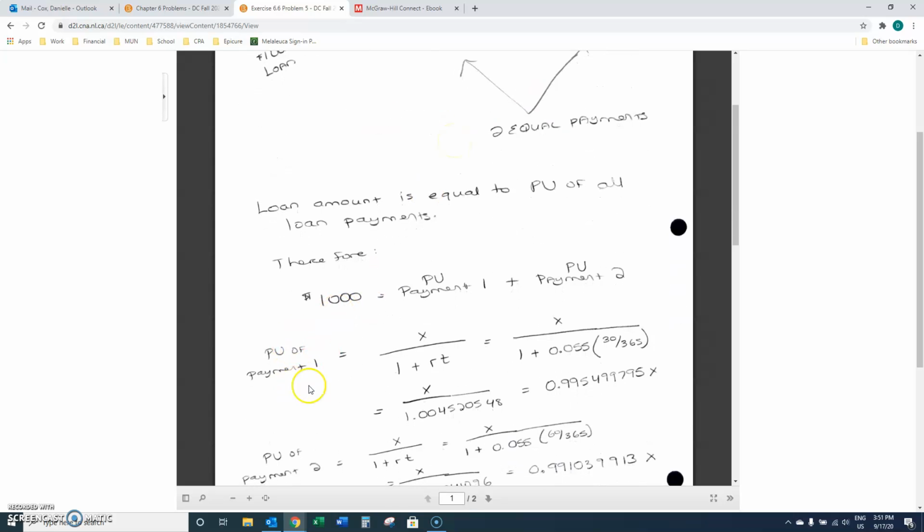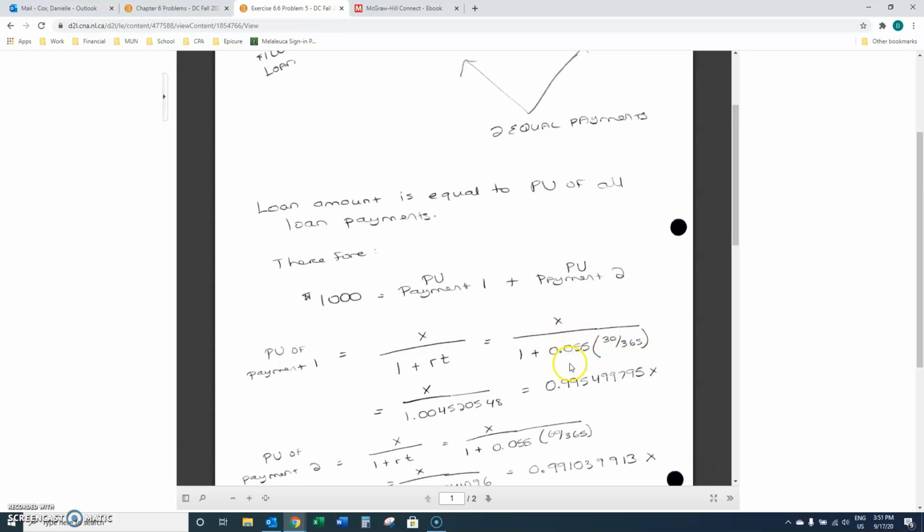So the present value of payment 1, so the formula, which was given to us in the chapter, and now we can fill in. We don't know the amount here, but 1 plus R, which is the rate, and we know that was 5.5%, and we know the time was 30 days. So we can fill in this much of the information. So X over 1 plus 0.055 times 30 over 365.